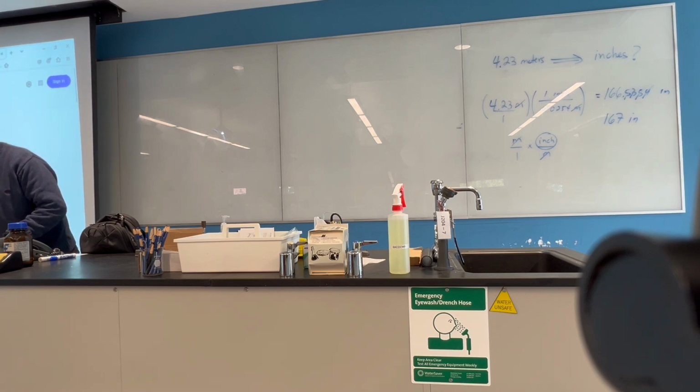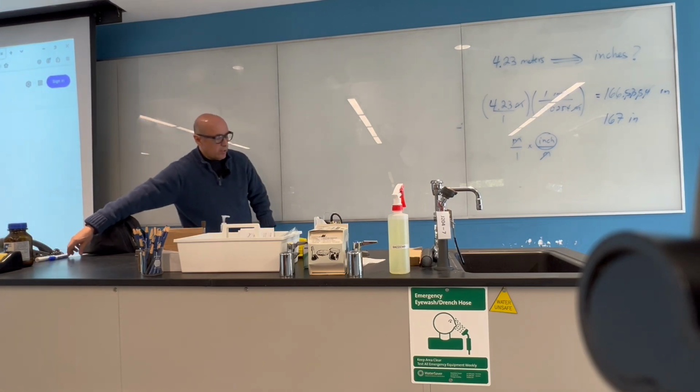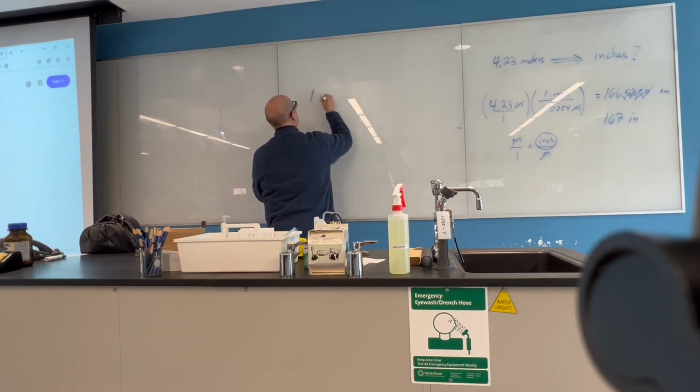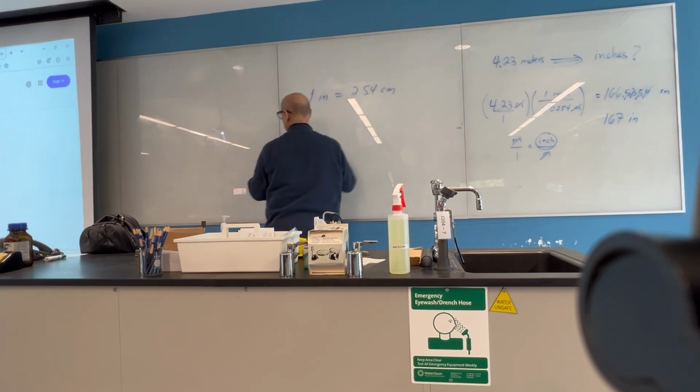So I'm going to say 1 inch is how many centimeters. And that's the conversion factor you're going to use. The equality. You're going to start with this. 1 inch equals 2.54 centimeters.